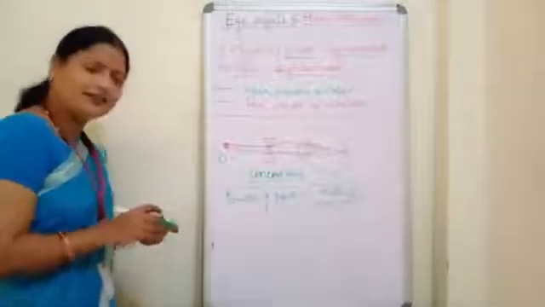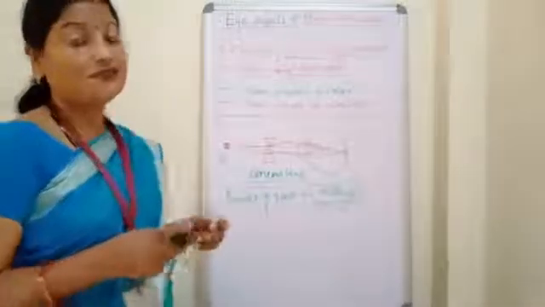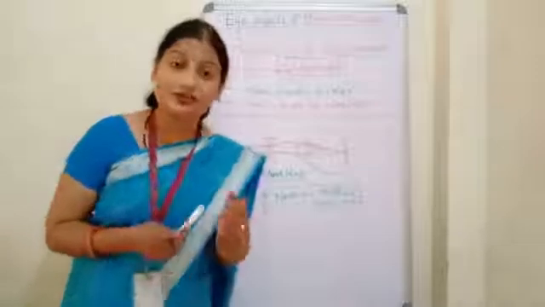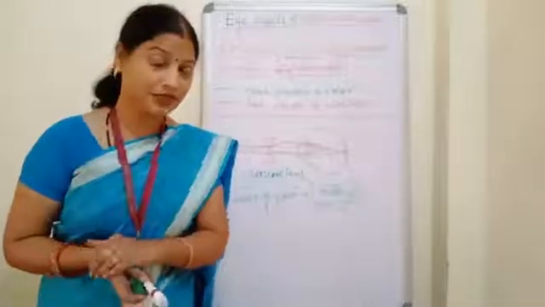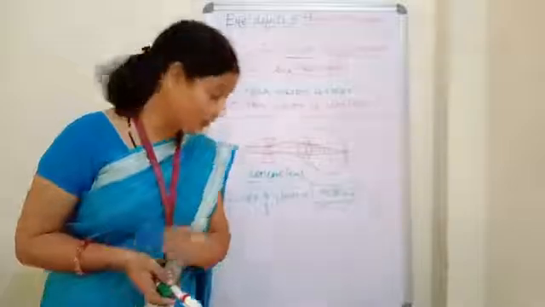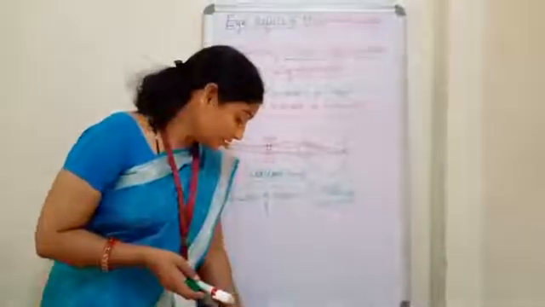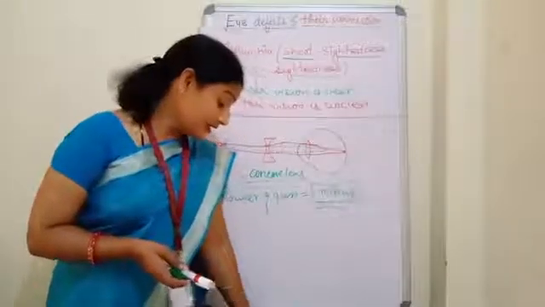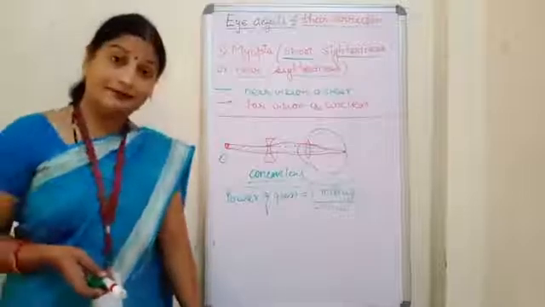Now, how do we get the disease of myopia? If a person is sitting continuously in front of the computer, or if the diet is not normal, or continuous reading and writing.